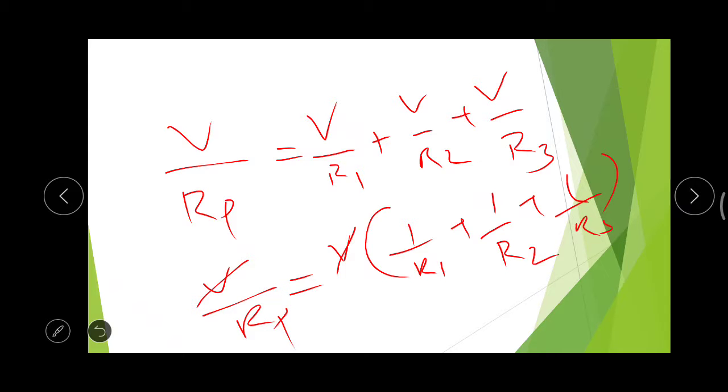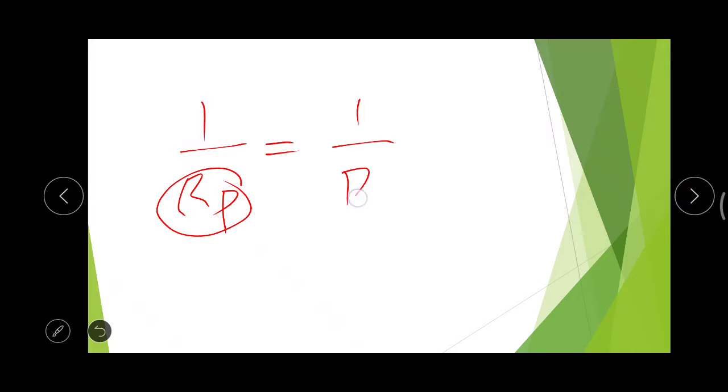So the remaining will be 1 by Rp, that is the equivalent resistance in parallel combination Rp. So 1 by Rp will be equal to 1 by R1 plus 1 by R2 plus 1 by R3.